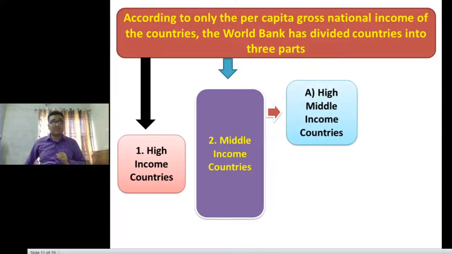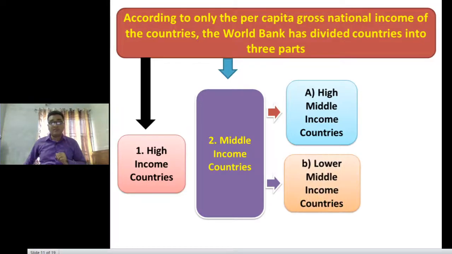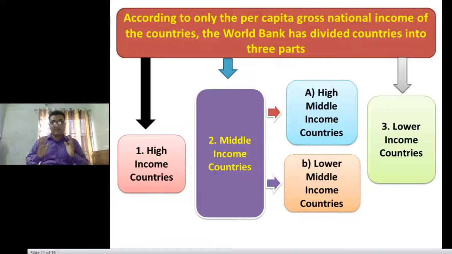The first part is high middle income countries, and the second part is lower middle income countries, and the last part is lower income countries. So dear students, now I am going to discuss all types of these countries.